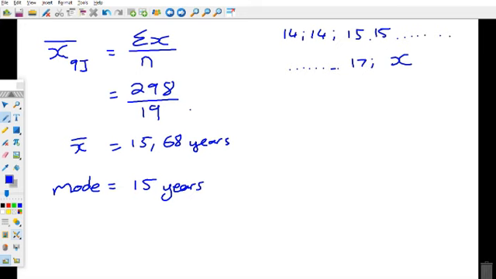If we work backwards now, have a look here. Our average was 15.68, which is equal to 14 plus 14 plus the 17 plus the 15 15s, so 15 times 15.